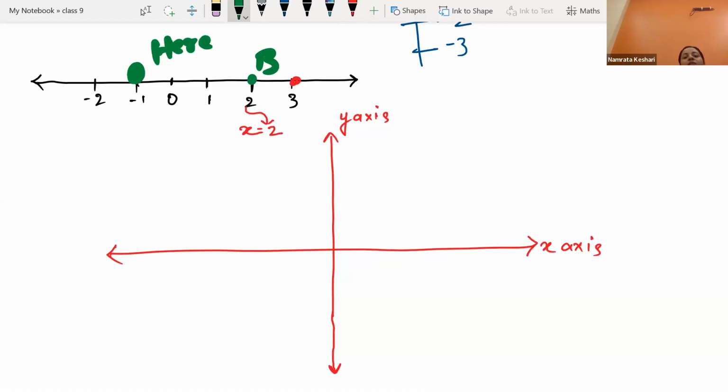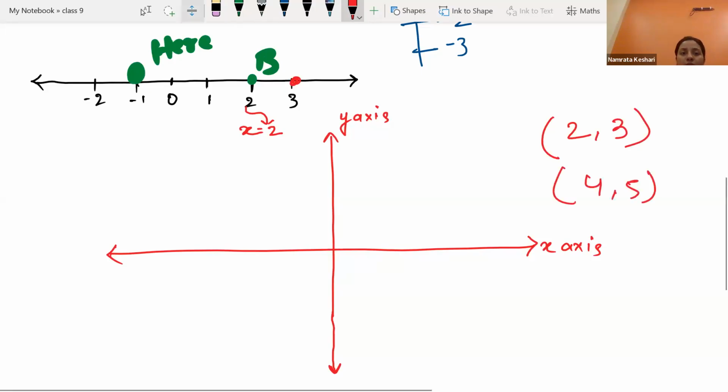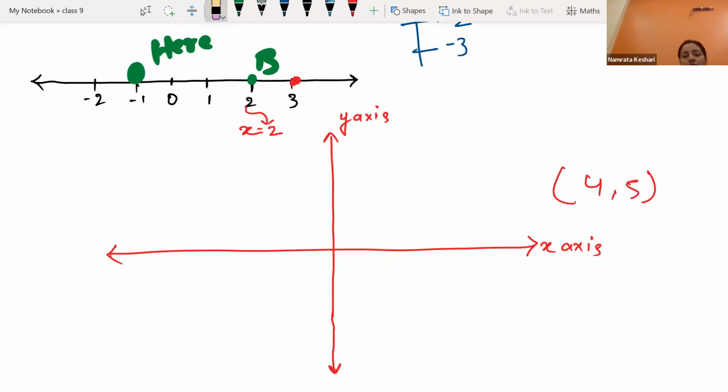Okay. Similarly, on this coordinate axis, our point will look like this: 2, 3, or maybe 4, 5. So at first, let's see the location first. We will come to this part.